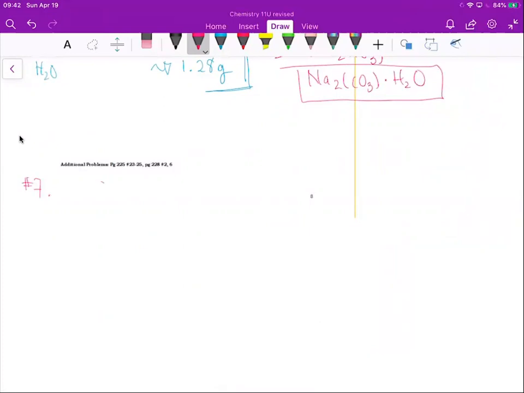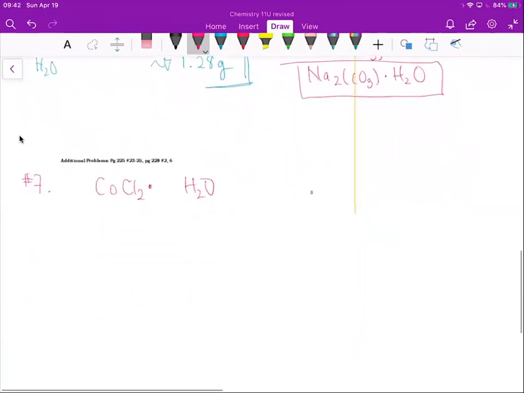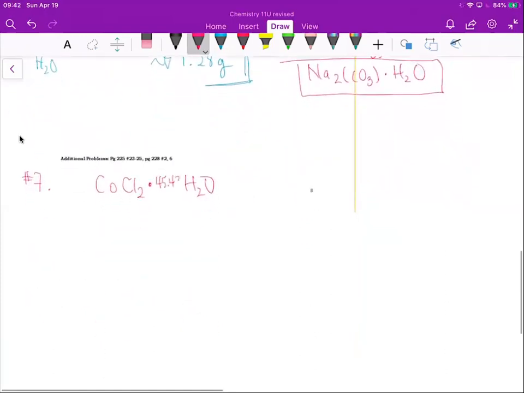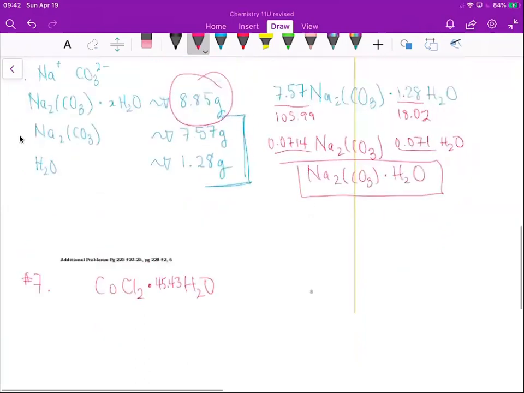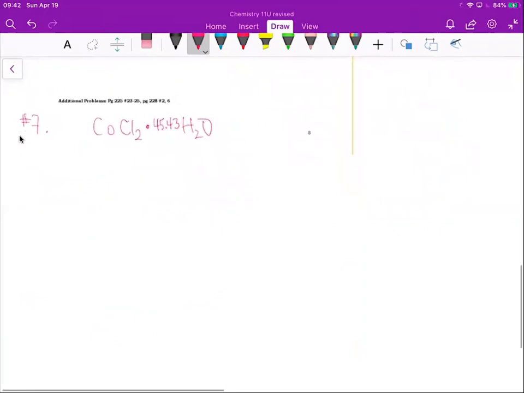So it's cobalt chloride and water. And again, we're assuming 45.43%, 45.43 grams. And then the rest is 54.57%, 54.57 grams. Divide this by 18.02. Divide this by, okay, well, we got to go to our periodic table.